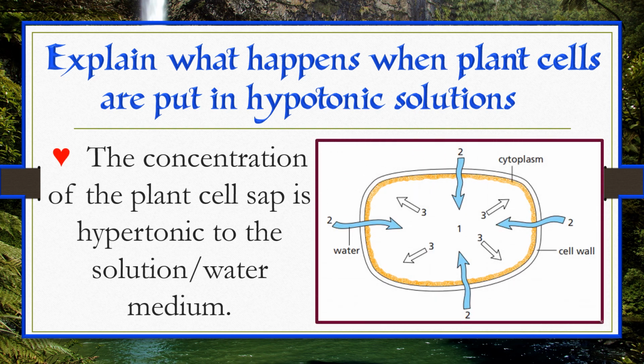The concentration in the plant cell sap or vacuole is hypertonic to the solution or water medium surrounding the cell.